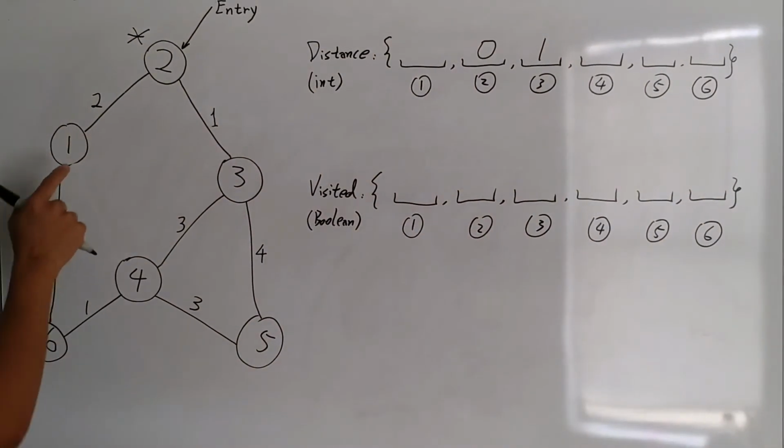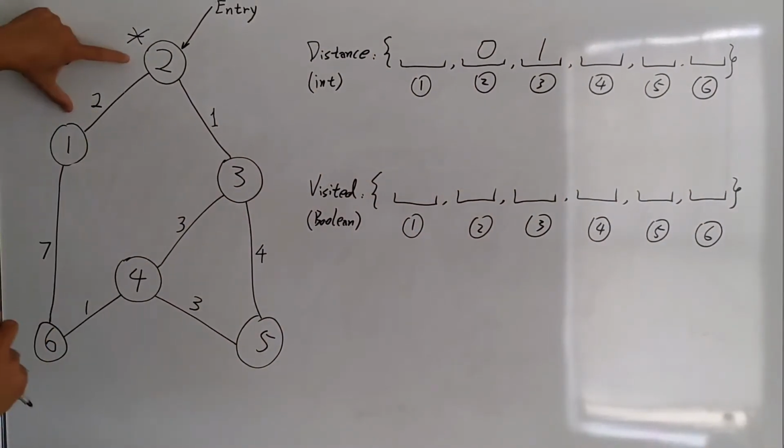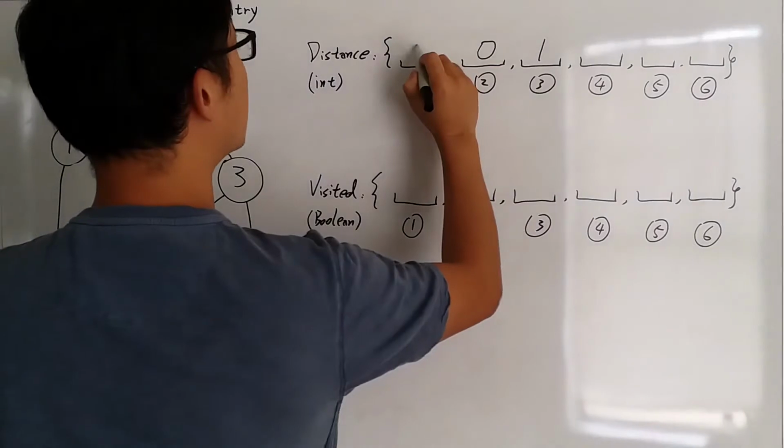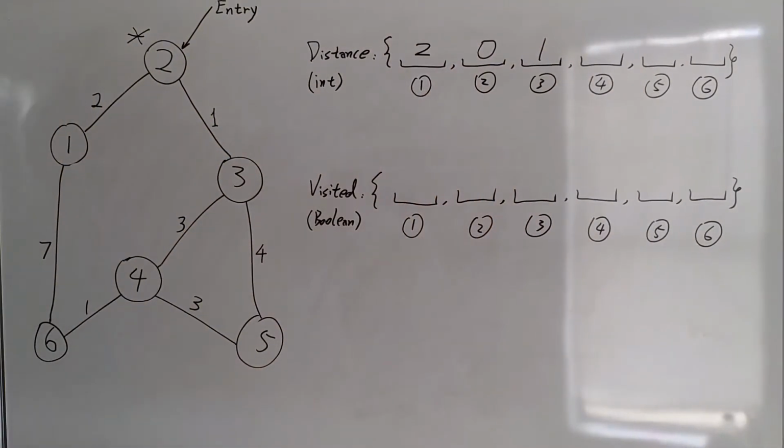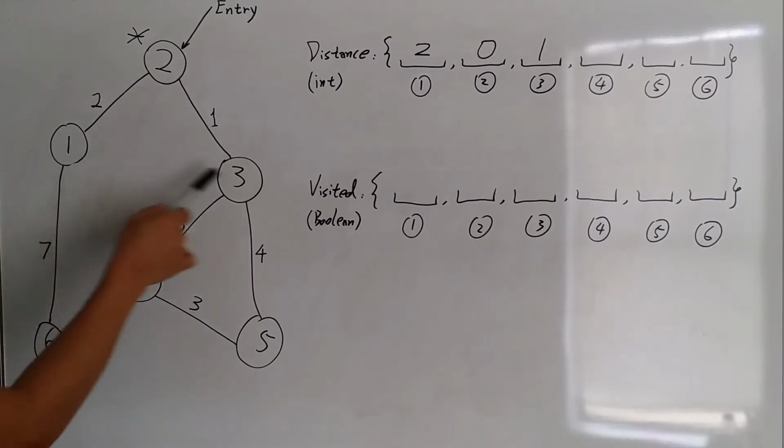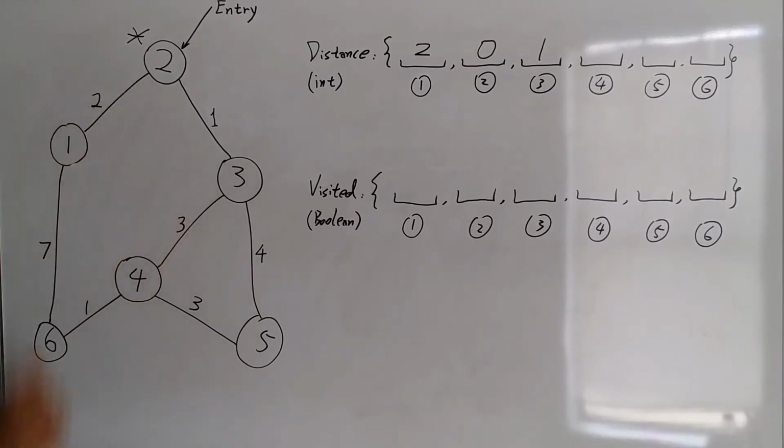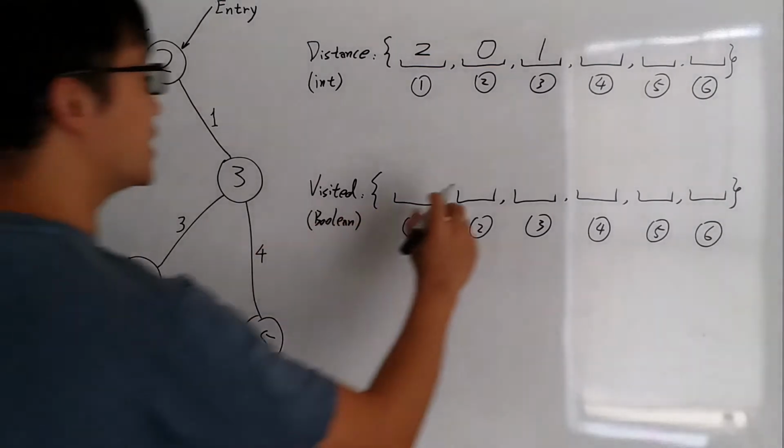And the distance for 1 is actually 2. At this moment we have traveled all the neighbors of node 2, so we can mark node 2 as visited.